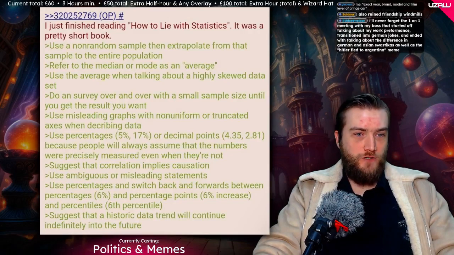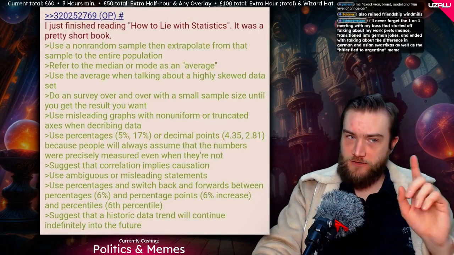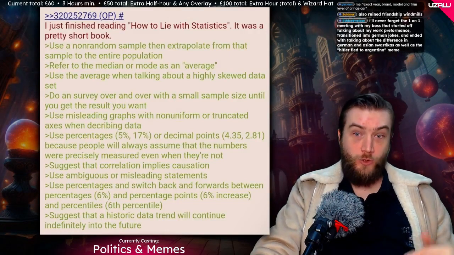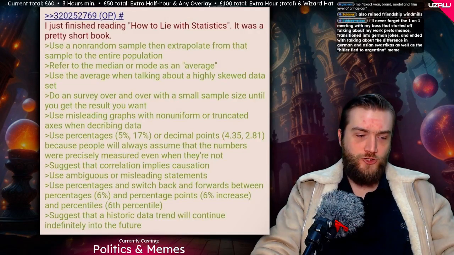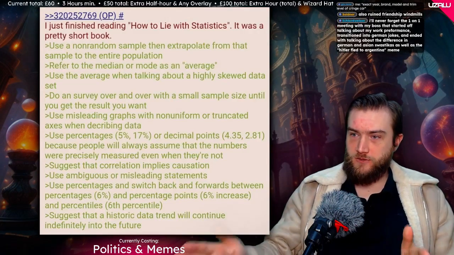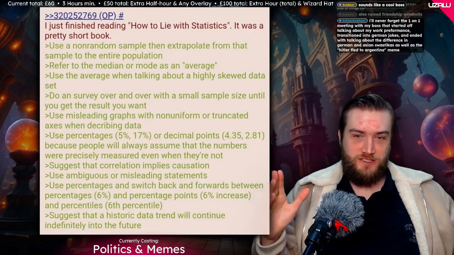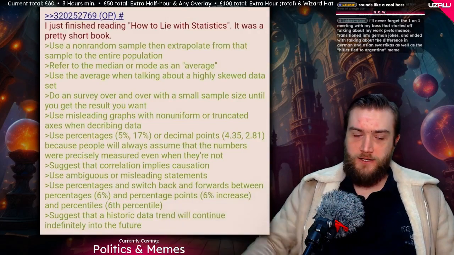Use misleading graphs with non-uniform or truncated axes when describing data. There is a time and a place for non-uniform or truncated axes, like if you have a logarithmic scale, or if you have just a part of the scale, just the part that's relevant, but you leave out everything from 10 million back down to 0. You leave that out because it's not relevant, because all the data is at 10 million and upwards.